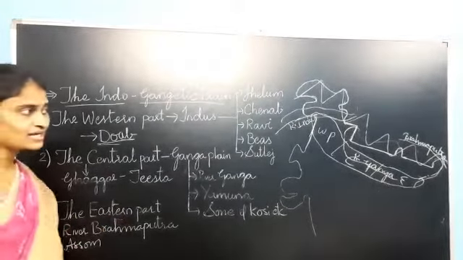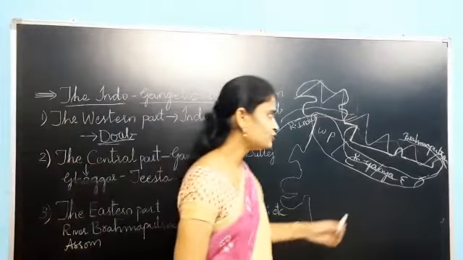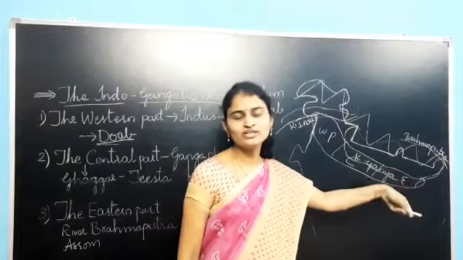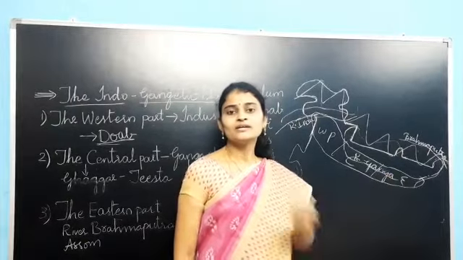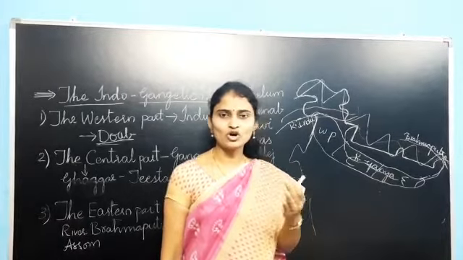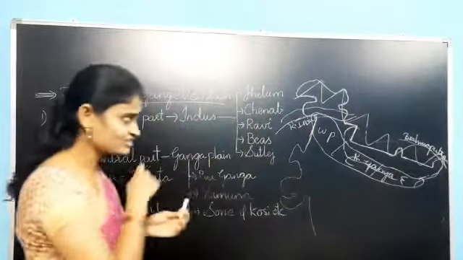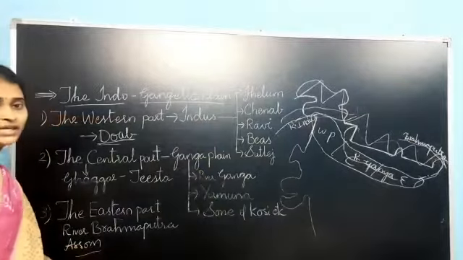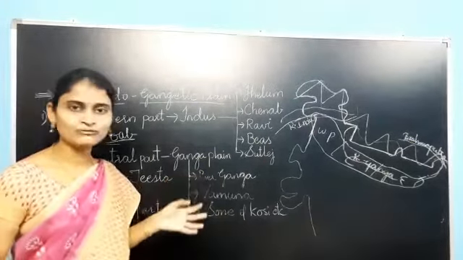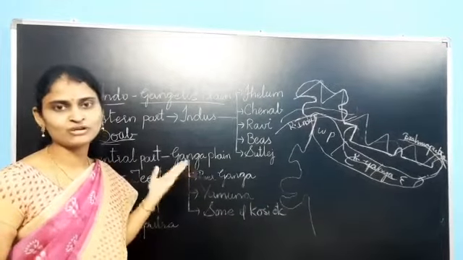The eastern part is formed mainly due to river Brahmaputra and this one is mostly found in the valleys of Brahmaputra, especially in which state? Assam.